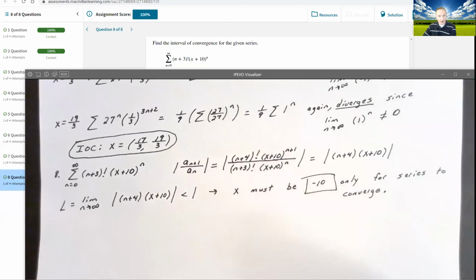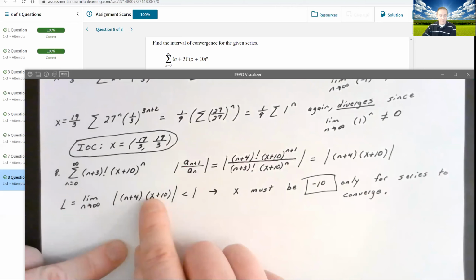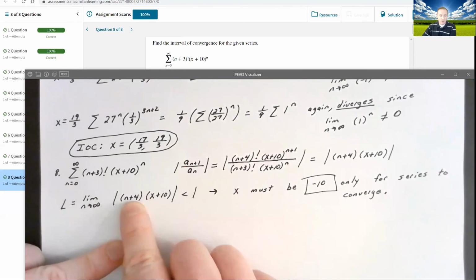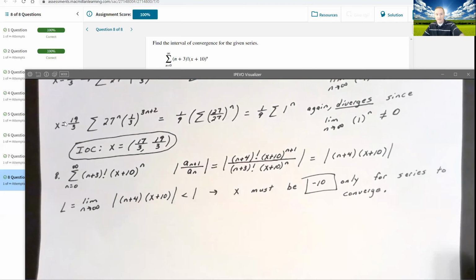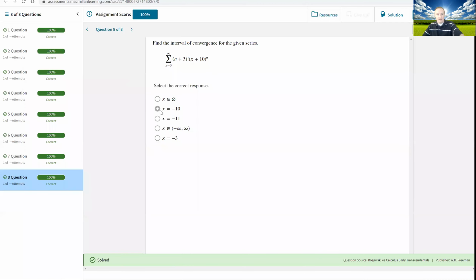And you got to think, how do I know that? Because if x is any value other than -10, you're going to have some number times a number going to infinity. It's never going to be less than 1. So you say the only value of x that's going to cause this to converge is -10 itself. And you say x equals -10, answer achieved.